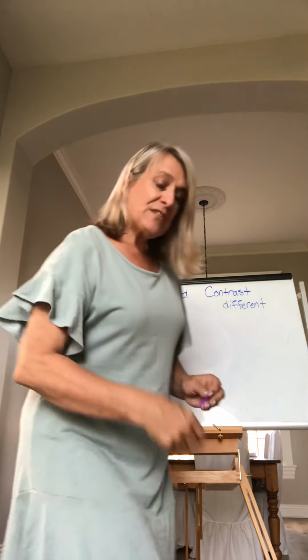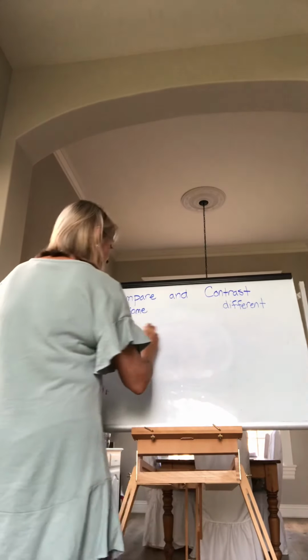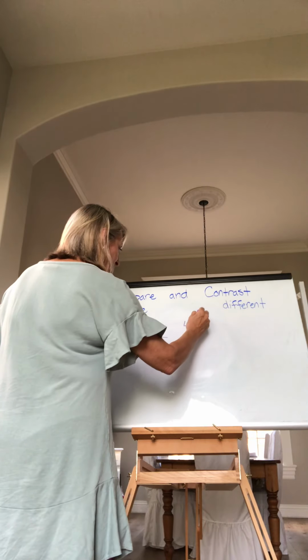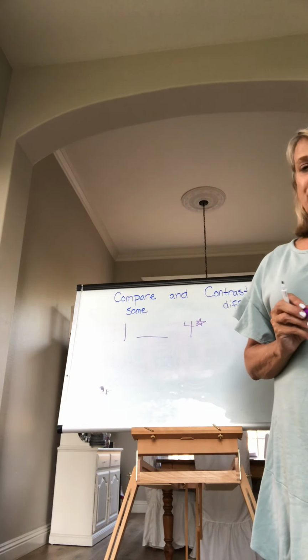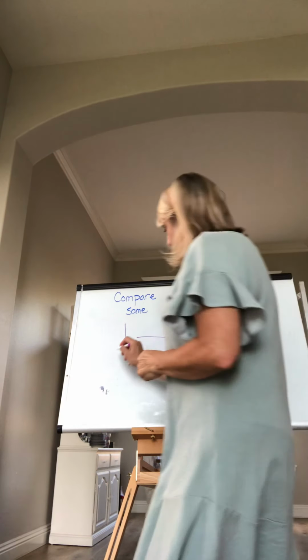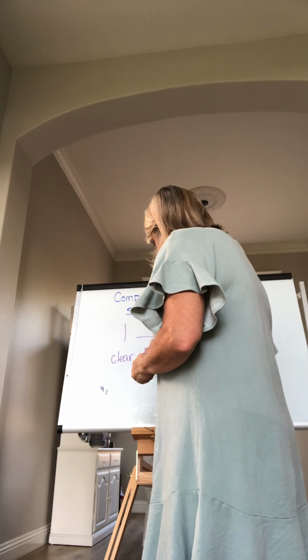You will be scored 1 to 4, 4 being the best. And the 4 different areas that you're going to be scored on are, first, clear ideas. Does it make sense?